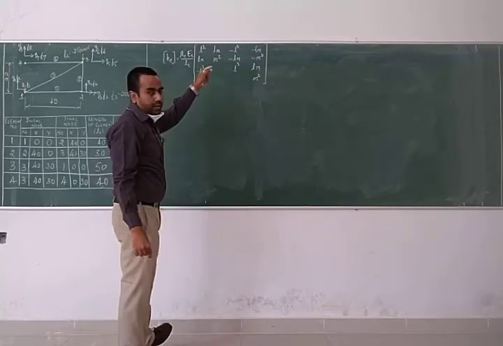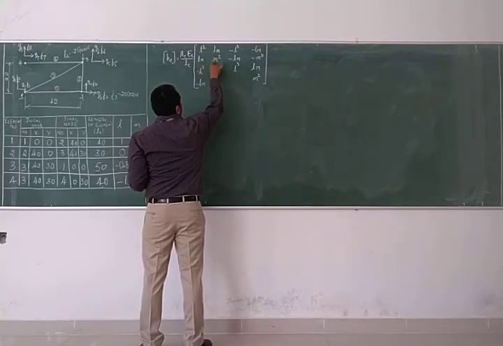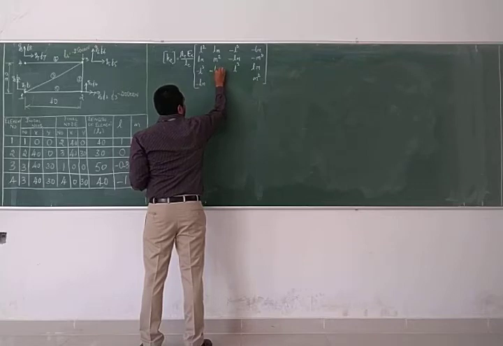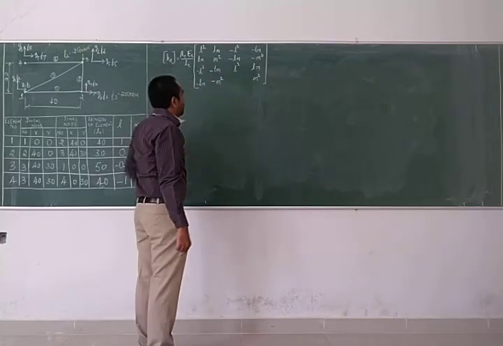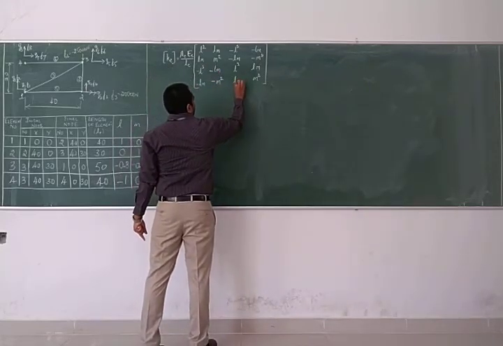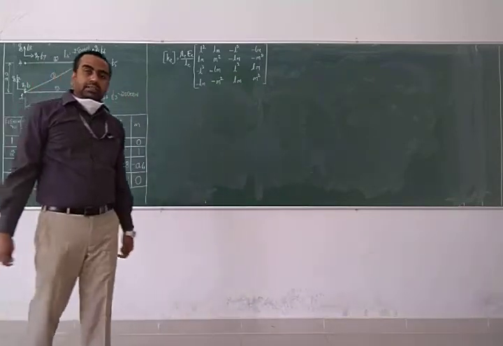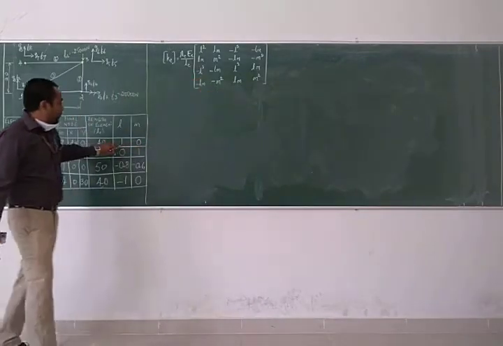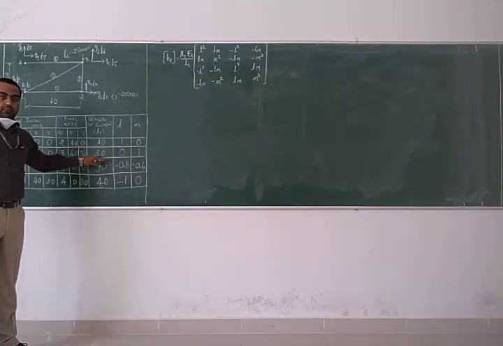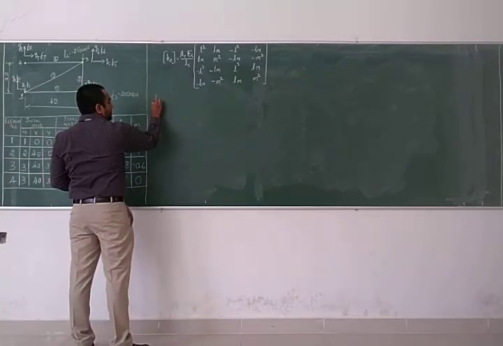Next, second row as the second column: Lm, M square, minus Lm, minus M square, and third row as the third column, this is Lm. So this is the proper element stiffness matrix, where L and M values you take from the table that we have just formulated. For element 1, we proceed.